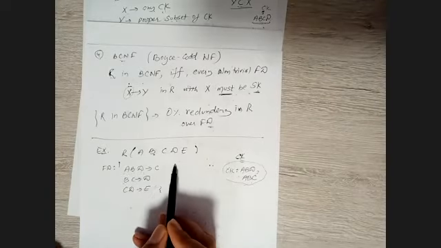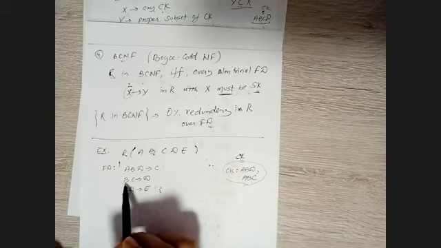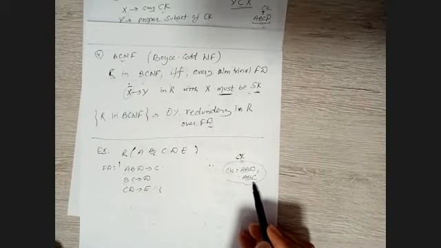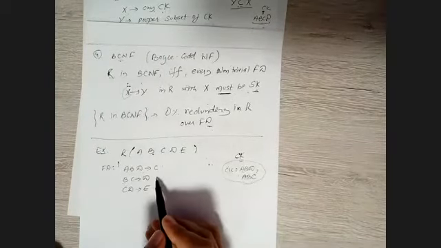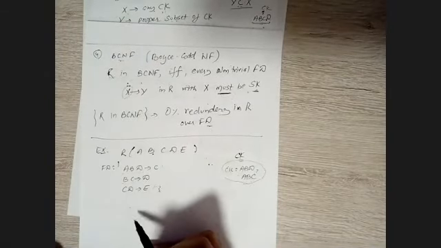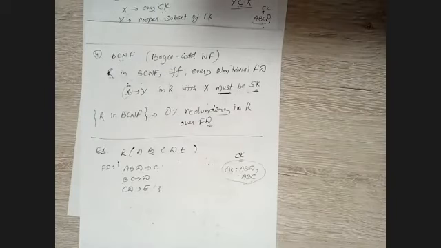That's fine for 2NF. Now see here, BC: is BC a part of your candidate key? Yes. So is this not in 2NF, or is this in 2NF? Generally students commit mistakes over here.